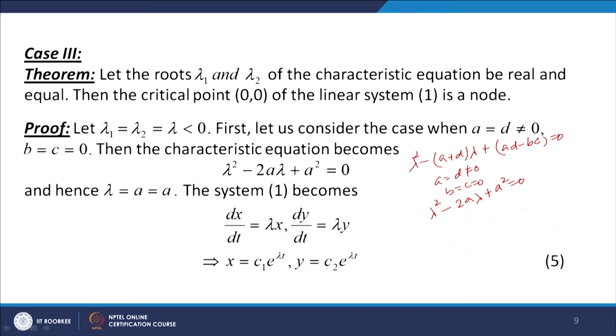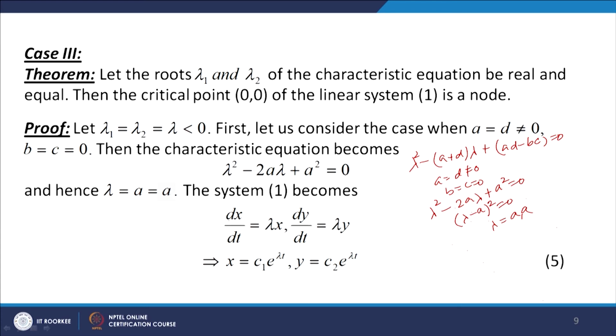Now, the two roots of this equation are a each. So, the characteristic equation lambda square minus a plus d into lambda plus ad minus bc equal to 0 becomes lambda square minus 2a lambda plus a square equal to 0, and therefore lambda is equal to a and a is equal to d.